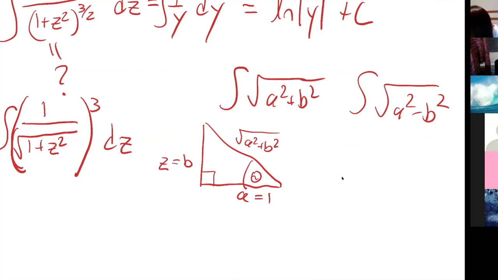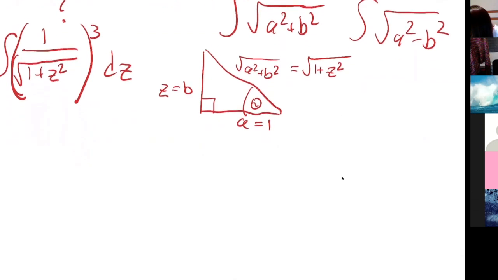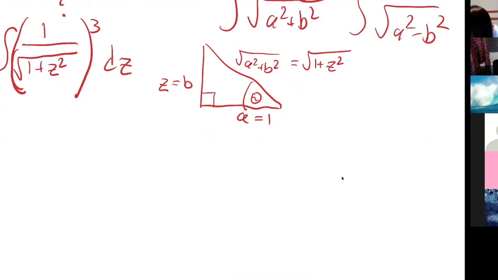So if I set a equal to 1, b equal to z, then the hypotenuse would be exactly the square root of a squared plus b squared. And so now the idea is, well, how can we write 1 over 1 plus z squared and dz in terms of trig functions and this triangle and this angle theta.